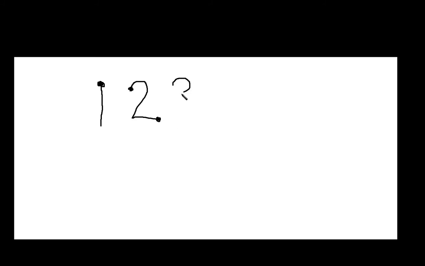A 3 has 1, 2, 3. A 4 can be shown 2 ways. I will write my 4s like this, but sometimes on a computer you will see a 4 like this. So I will show you both ways, but this will be the 4 that you'll see me use.